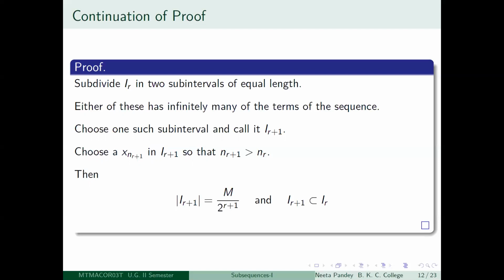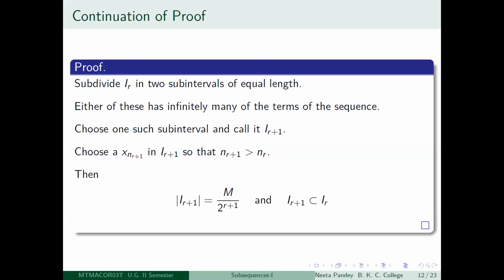Then you already have x_{n_1}, x_{n_2}, etc. till x_{n_r}. So till the n_rth term, there are only finitely many terms of the sequence. So it is possible to get an n_{r+1}th term of the sequence also, which will be contained in I_{r+1}, because I_{r+1} has infinitely many terms of the sequence.